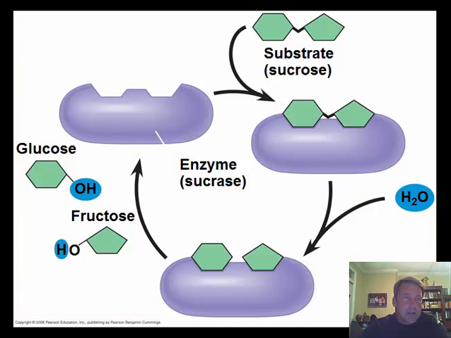We'll look at enzymes here. Enzymes are a type of protein that act as a catalyst. That means that they speed up a chemical reaction. So here's an example. This big purple thing here is an example of our enzyme. The enzyme is sucrase, and when it is in contact with a certain substrate, the substrate being sucrose, it can speed up the reactions to separate this into two separate molecules to break it down.